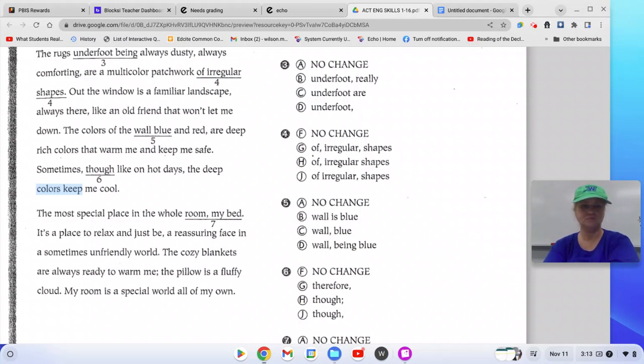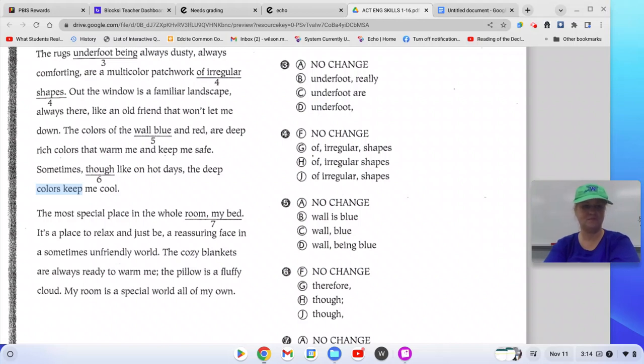So we're on number 5. I think I skipped number 4. Number 5, we pause after wall and red is already there. So it's not A, it's not B, it's not D.